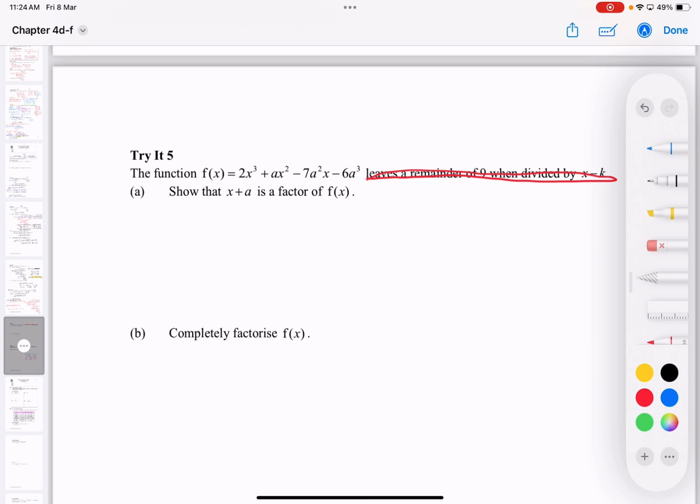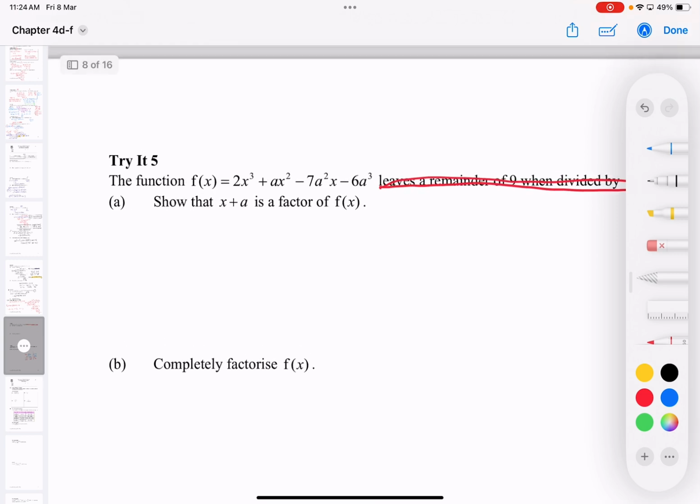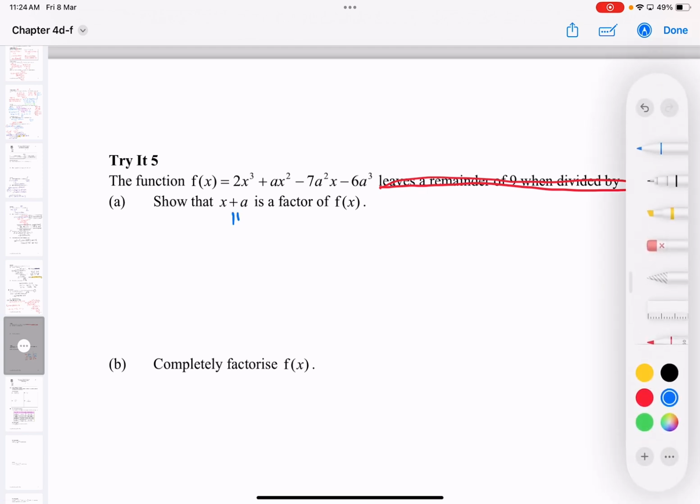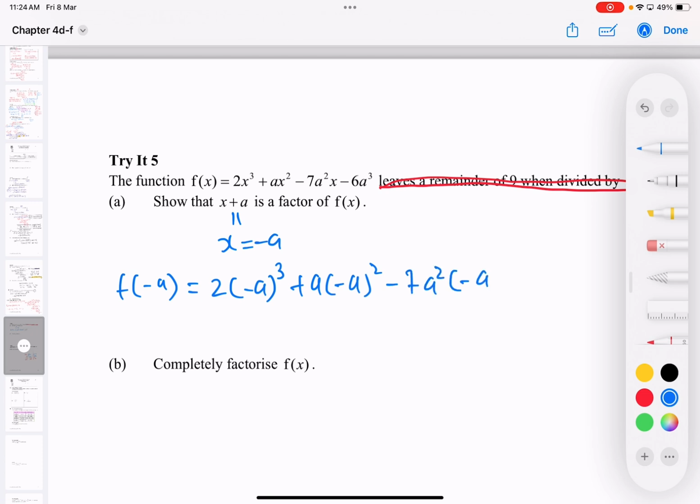Alright. So for 5a, show that x plus a is a factor. If we know that it is a factor, I am going to substitute in x plus a equals to 0, so I know that x is equals to negative a. So I'm going to substitute it inside the function, and I'm going to get 2 negative a cubed plus a negative a squared minus 7a squared negative a minus 6a cubed.